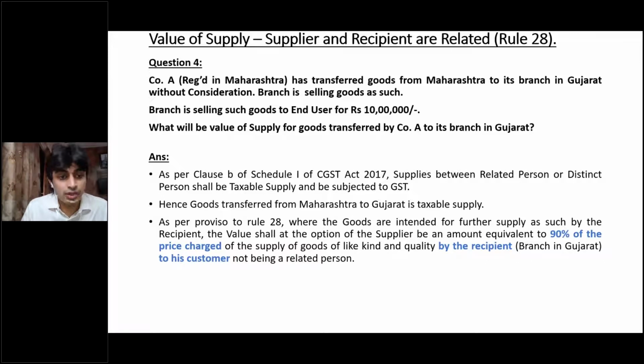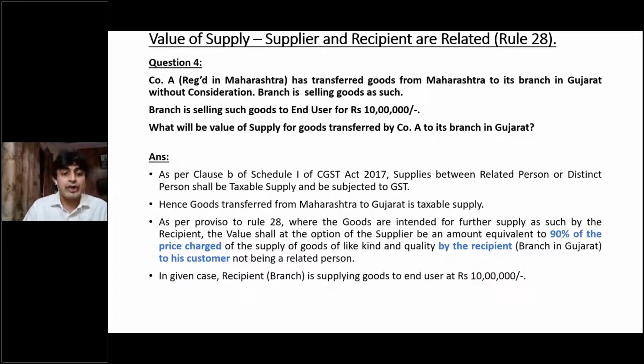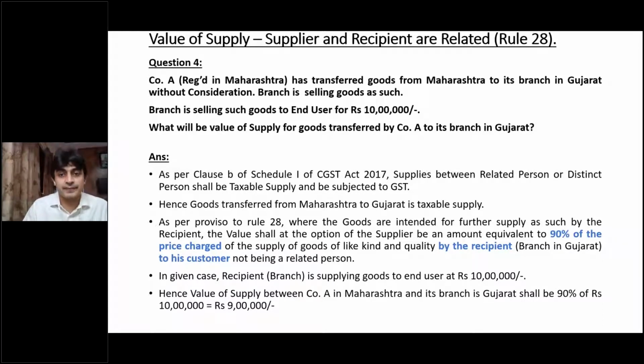Let's read this. As per the proviso, when goods are supplied by Maharashtra to Gujarat, and Gujarat is selling as such to the customer, then 90% of the value between Gujarat and the customer shall be the value of supply between Maharashtra and Gujarat. So Gujarat is selling for how much? 10 lakh rupees. Its 90% shall be the value of supply between Maharashtra and Gujarat.